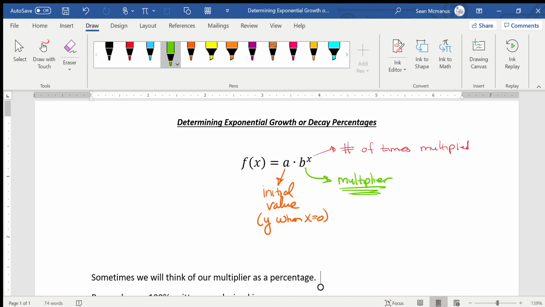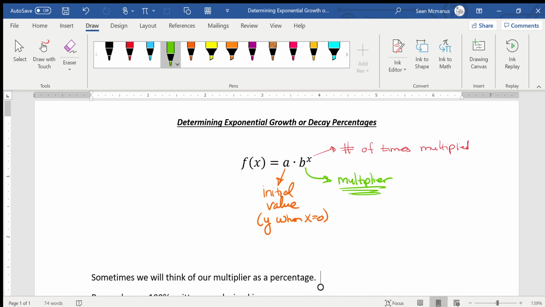When we learn our times tables, if I have a number and I multiply it by 1, it really doesn't change anything. 7 times 1 is still 7. 15 times 1 is still 15.